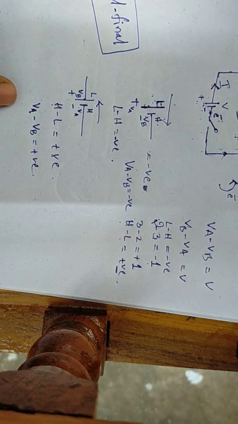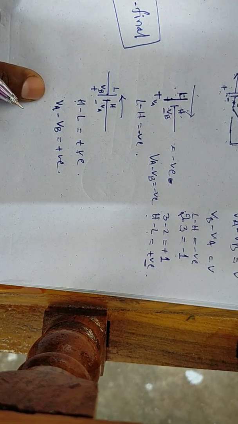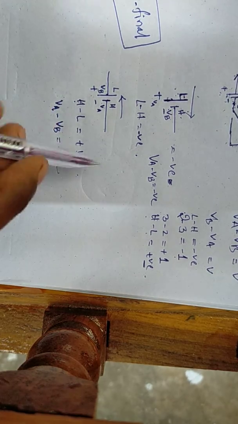This is how to write the potential difference of a battery, which is also called EMF.